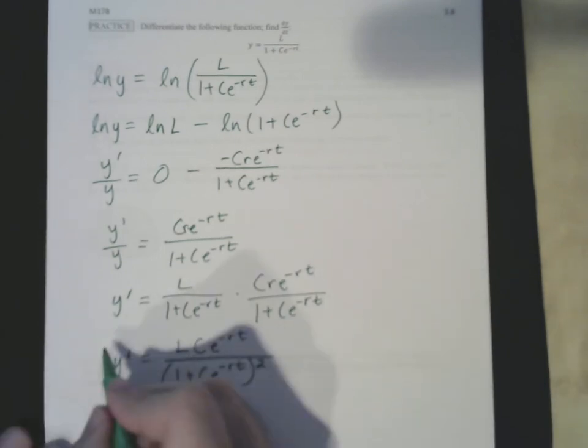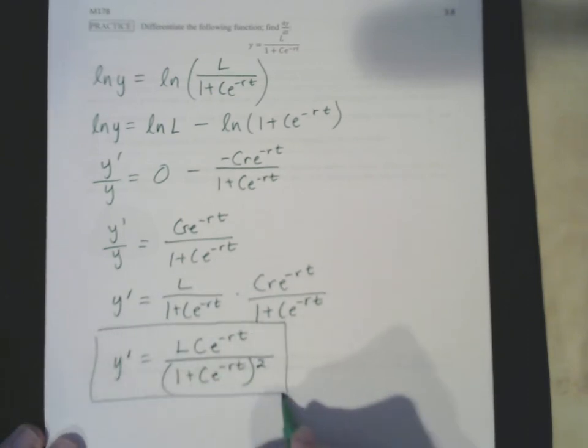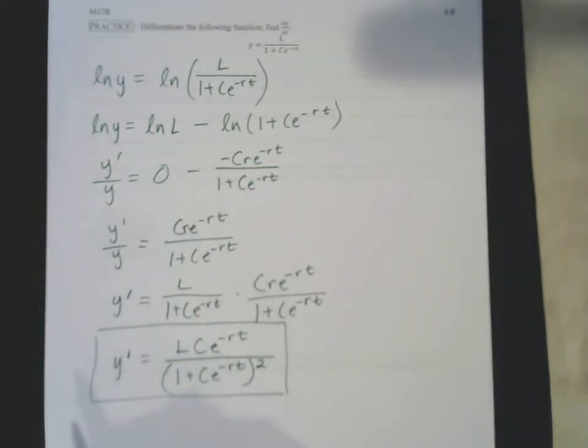So the purpose of this was not necessarily to show you that logarithmic differentiation gets you the fastest answer. As you see more examples and more problems, you'll realize when you want to use logarithmic differentiation, or when you want to just stick to the classic rules: quotient rule, product rule, chain rule.